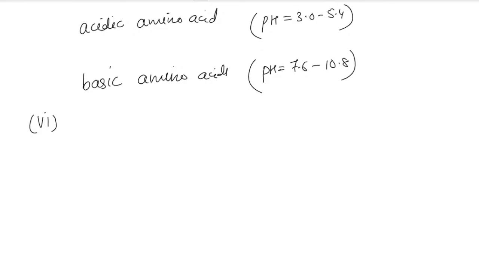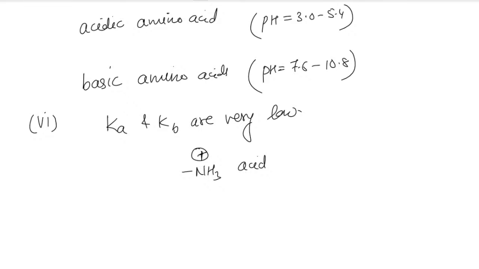acidity and basicity constants. Amino acids have very low Ka and Kb values. Why is it so? Because in this structure, NH3 positive acts as an acid and COO negative acts as a base.